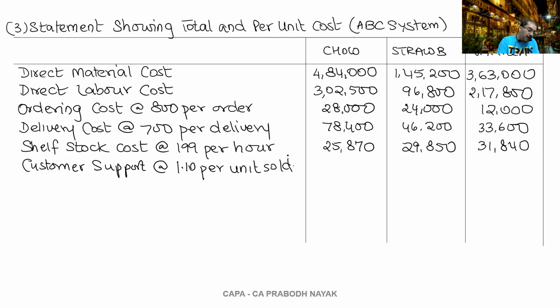So 60,500 into 1.1, 66,550. Then 24,200 into 1.1, 26,620. Last one, 79,860.